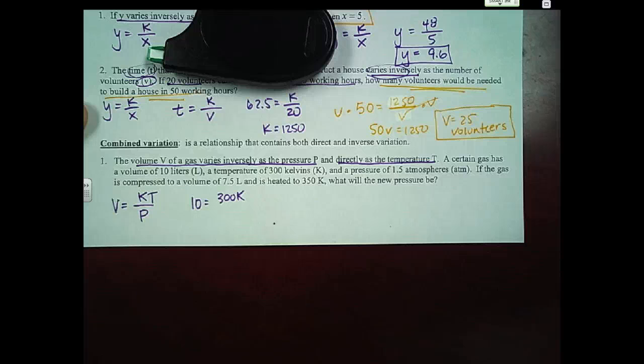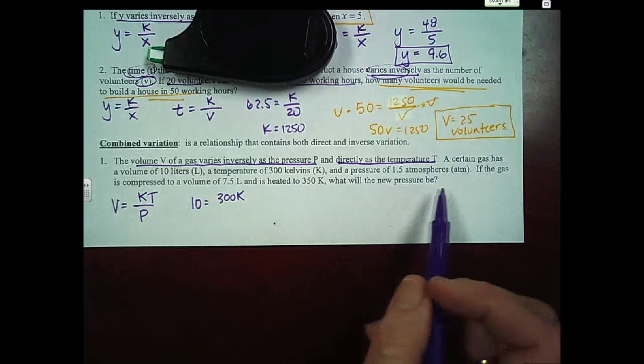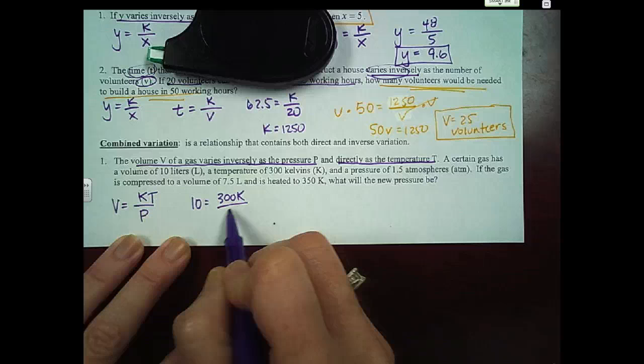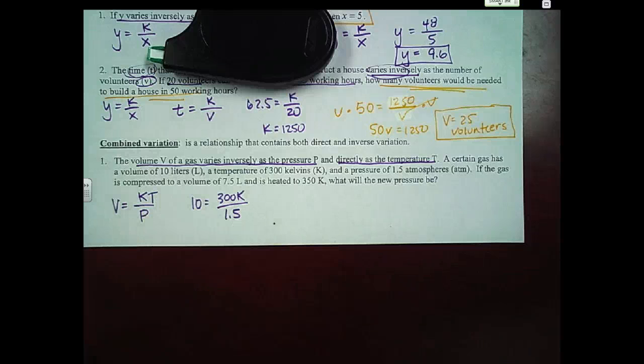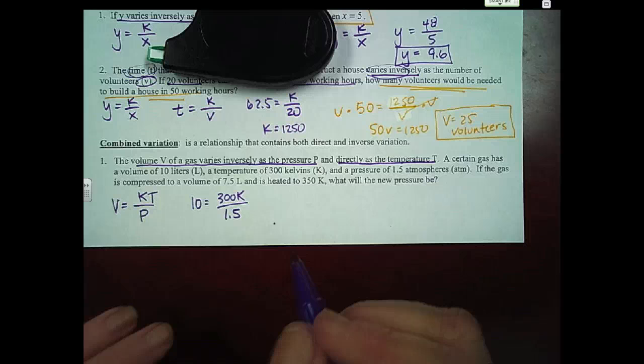There's a conversion between Celsius and Kelvin, like 273, but it's not asking us to convert. And then the pressure of 1.5 atmospheres. So now we're going to solve for K, so multiply and divide. So K is 0.05.